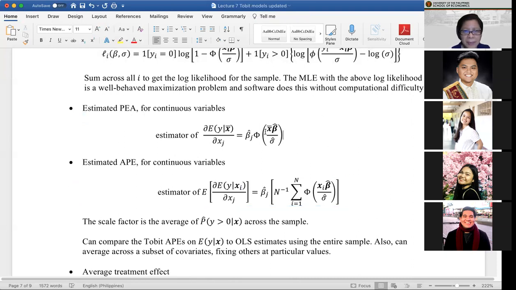The partial effect at the average you evaluate at x bar.